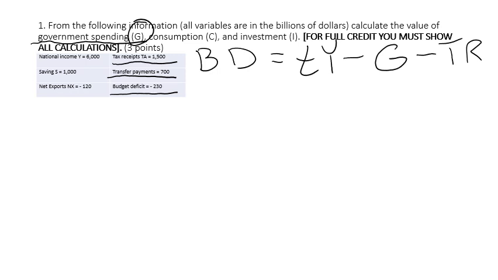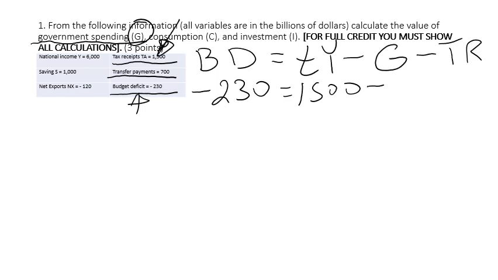Okay, so let's put these numbers in. The budget deficit is negative 230. Again, that's given. Tax receipts, or T times Y, that's given. That's 1,500. What's not given is the government spending, and that's what we're solving for, right? And TR, that's given, transfer payments, $700 billion, negative 700.